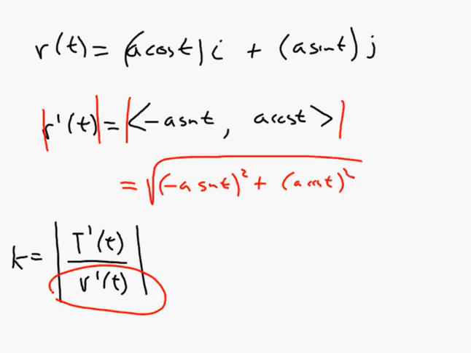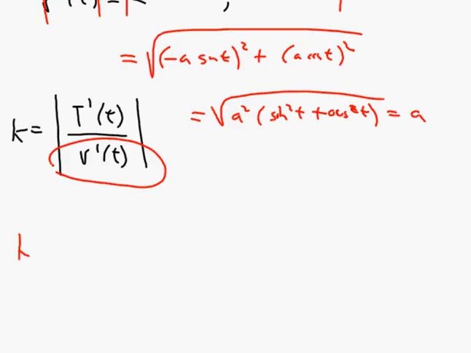That turns out to be the square root of a squared times sine squared t plus cosine squared t. But that's just a. Alrighty then. So we end up with kappa equals the norm of the unit tangent vector derivative over a.